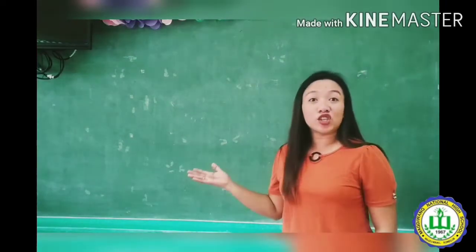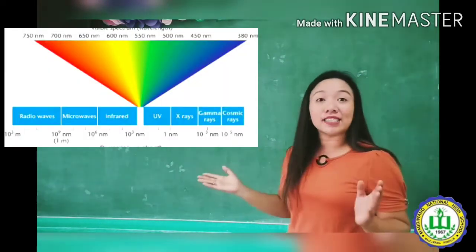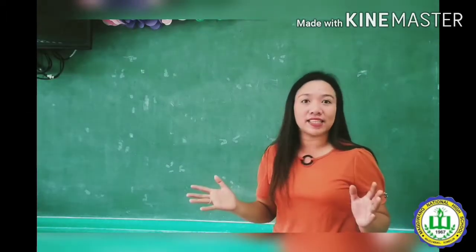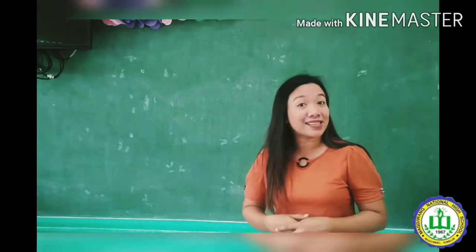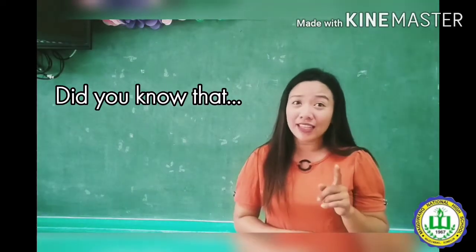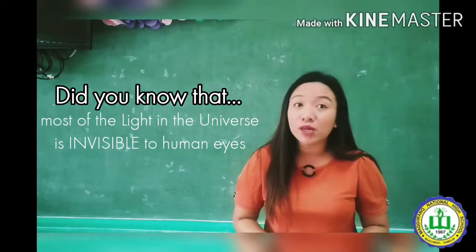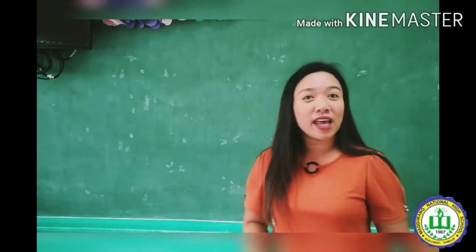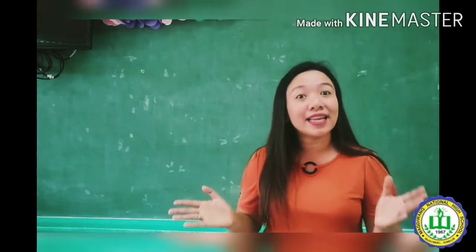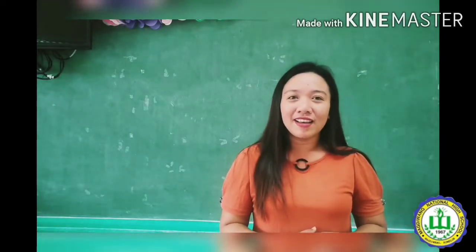So let's go! In this illustration, it shows the electromagnetic spectrum. It depicts all the types of light, including those that we cannot see with our own eyes. In fact, did you know that most of the light in the universe is invisible to humans? Ibig sabihin, mas marami tayong hindi nakikita kaysa sa mga nakita nating mga kulay.